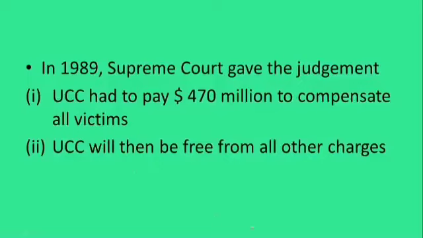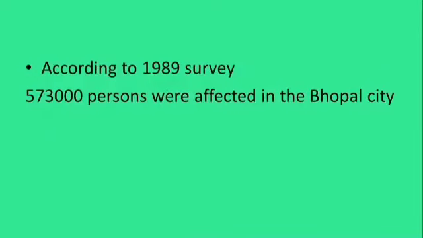At that time when this judgment was out, that means in 1989, many people complained that they were also affected by the incident, but they had developed disease a little later. So the Supreme Court ordered a fresh count to see how many people were actually affected. And you will be surprised to know that according to the survey of 1989, the entire city, which comprises 5,73,000 people, was affected in Bhopal.